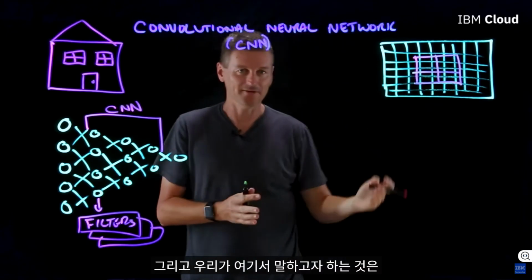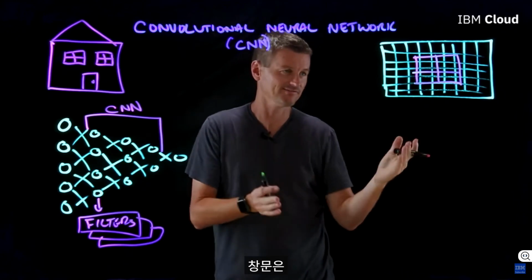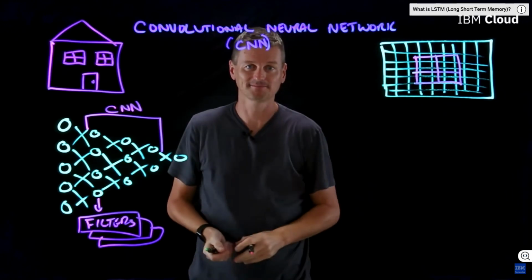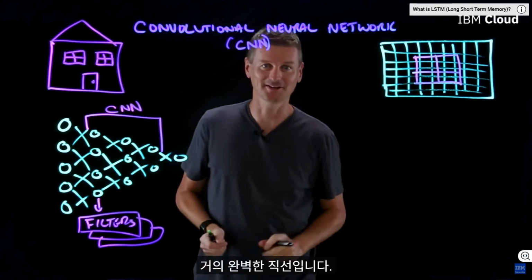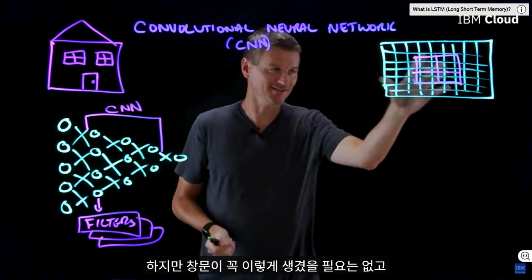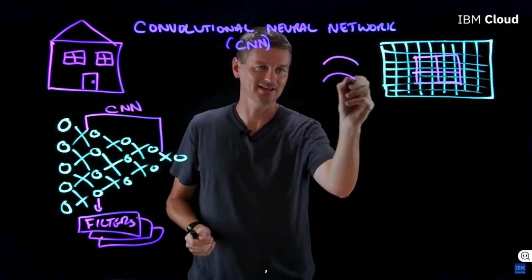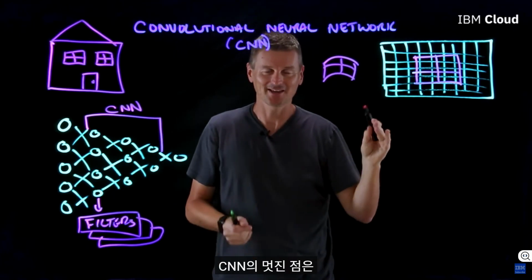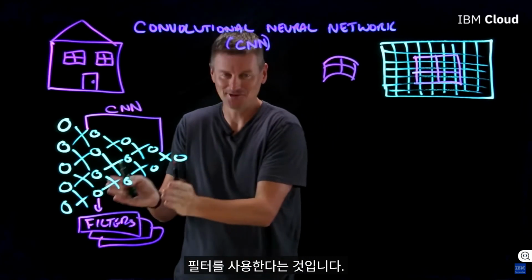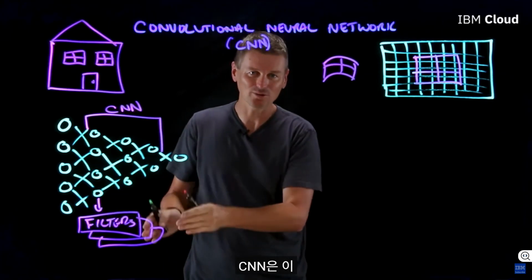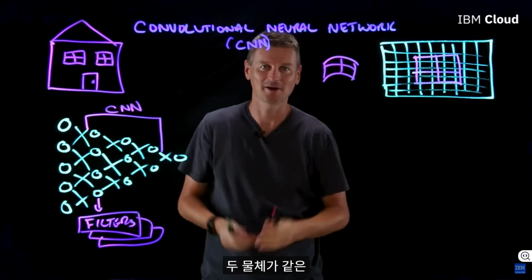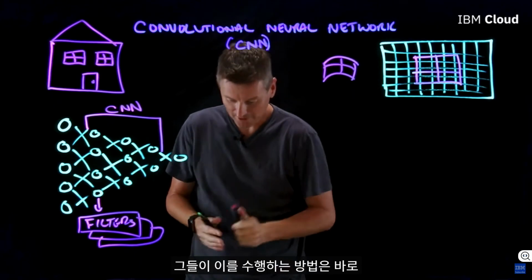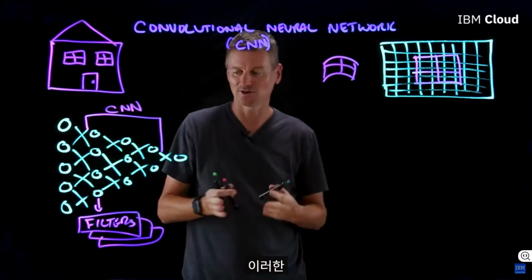And what we're saying here is that a window consists of some almost perfectly straight lines. But a window doesn't need to look like that. A window could equally look like this, and we would still say it was a window. The cool thing about CNN is that using filters, CNN could also say that these two objects represent the same thing. The way they do that is through the application of these filters.